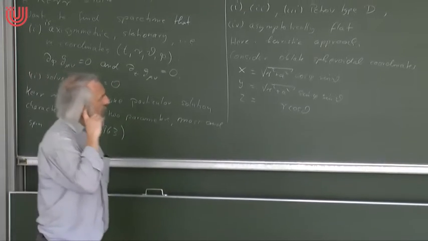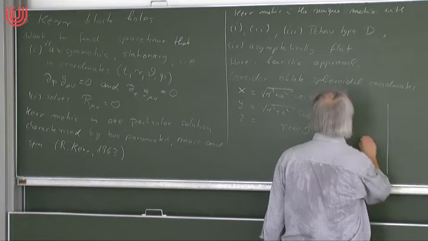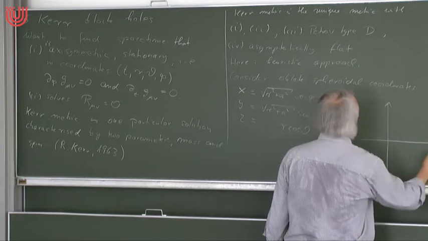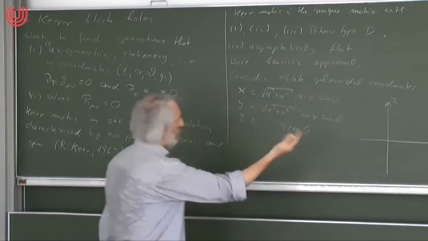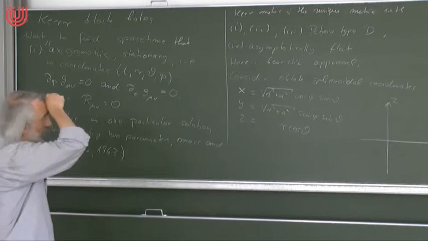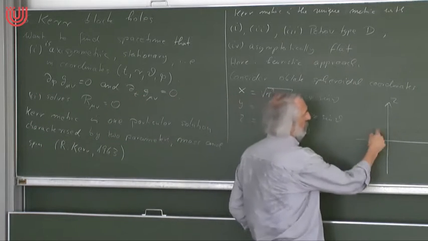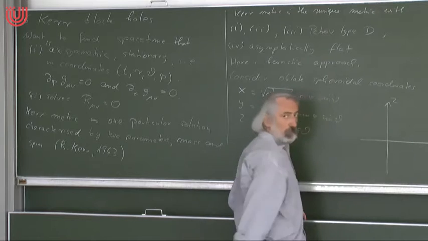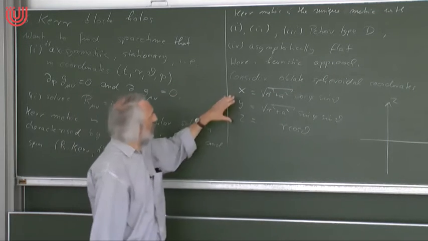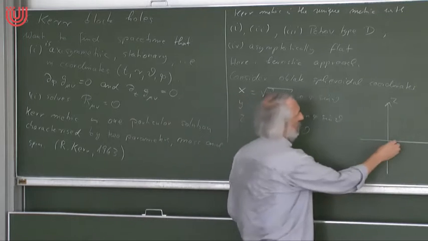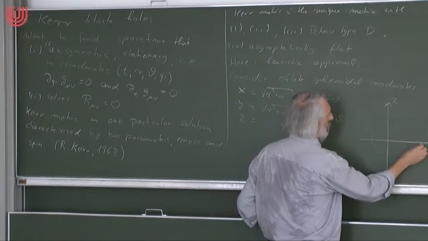If you depict this, then you get something like, let me draw x and y here and z there. So the whole thing is rotationally symmetric about the z-axis. For a equals 0, the surfaces r equals constant would of course be spheres. With a different from 0, the surfaces r equals constant are ellipsoids, oblate ellipsoids.